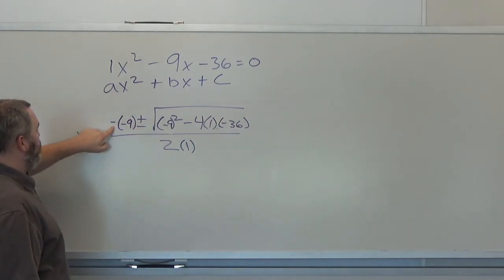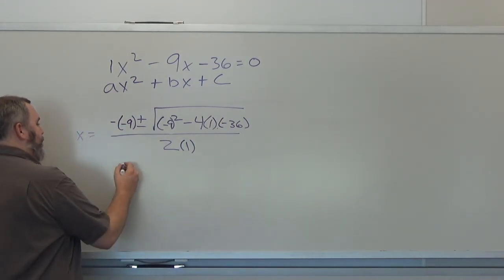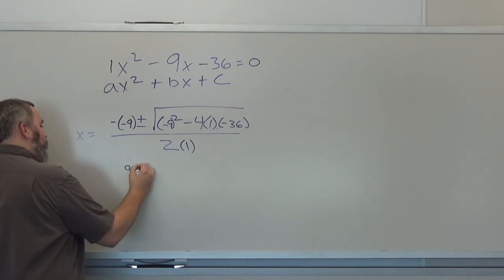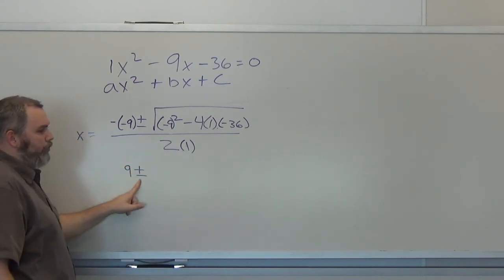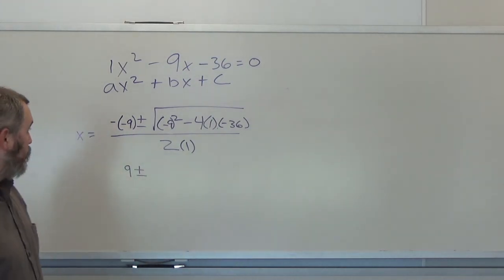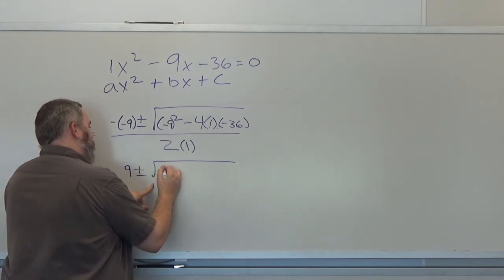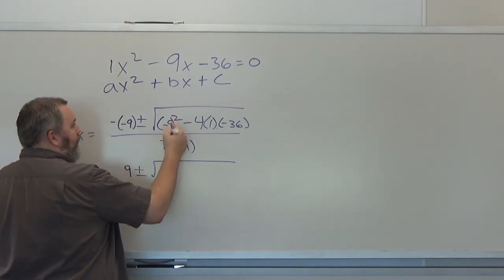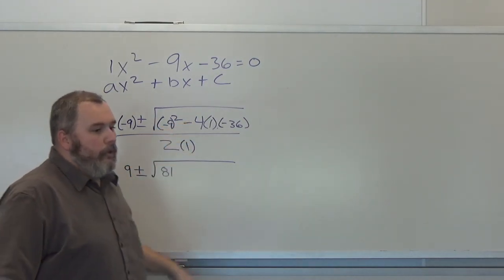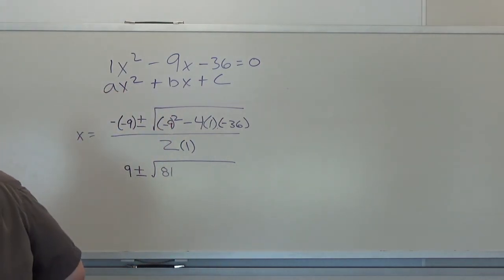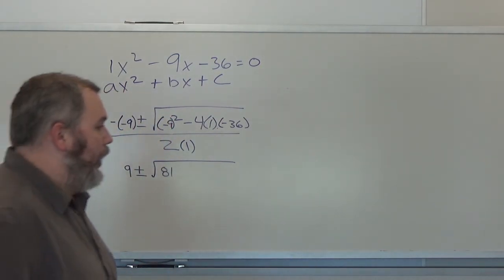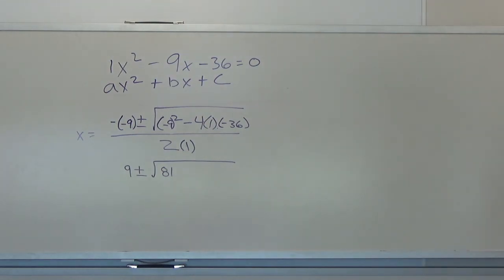Negative times negative 9 is going to give me 9 plus or minus, we'll explain plus or minus here in a minute, square root of 81, because negative 9 squared is 81. Now we're going to multiply the negative 4 times the negative 36. And I've lost my calculator. Here we go.